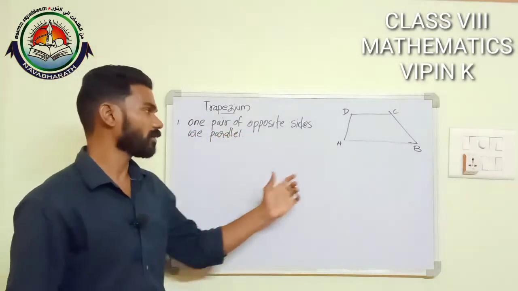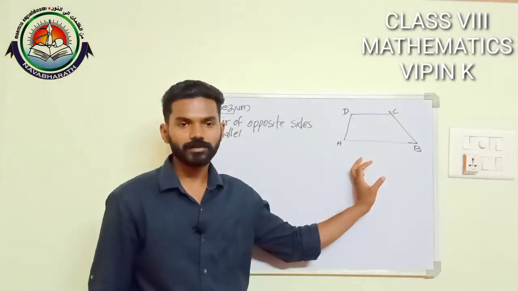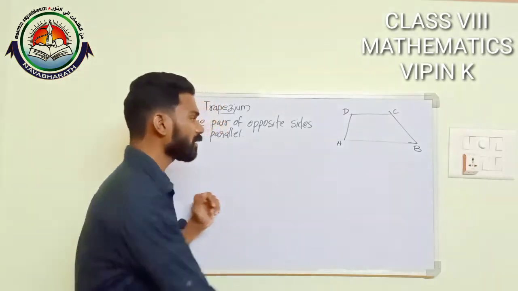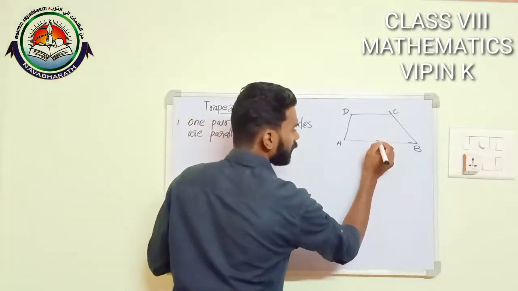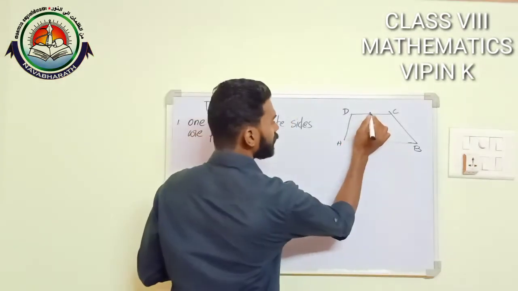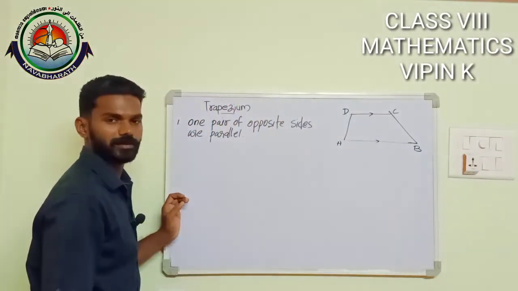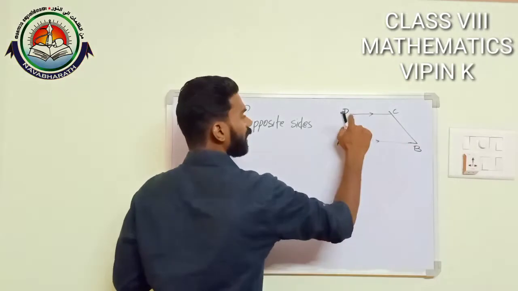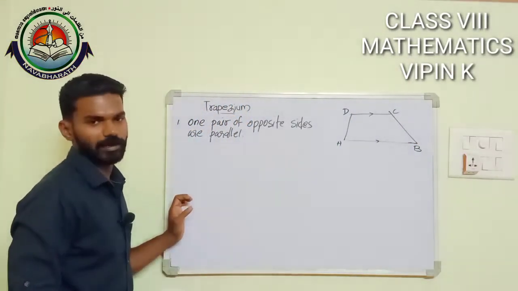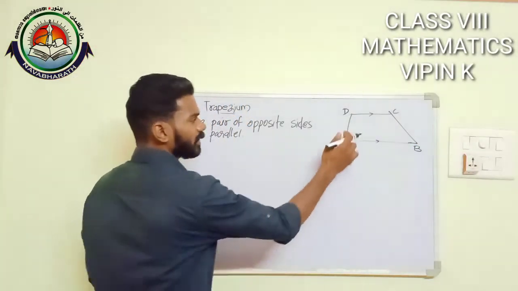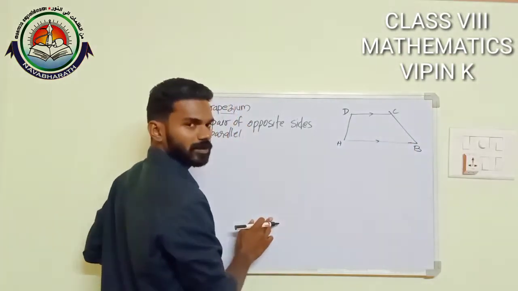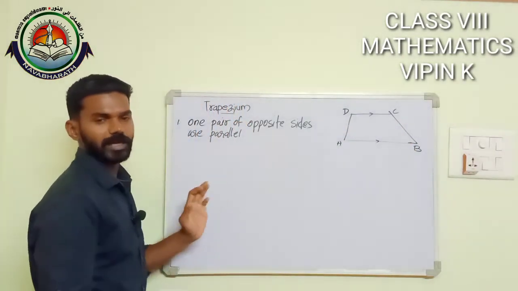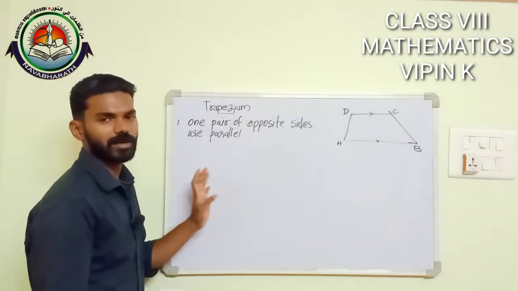So, on looking at here, which sides seem to be parallel? Here, the side AB and the side DC are parallel. Clear? There is only one pair. The AB and DC pair is parallel. Can you see the other two sides? They are opposite too, but they are not parallel.